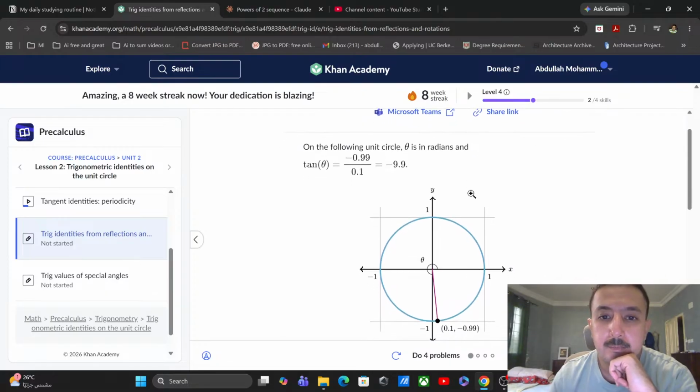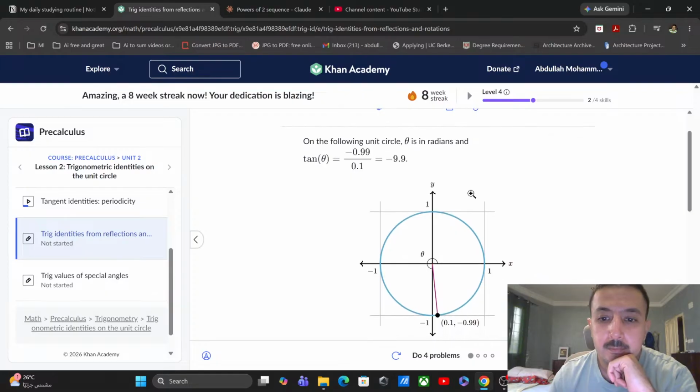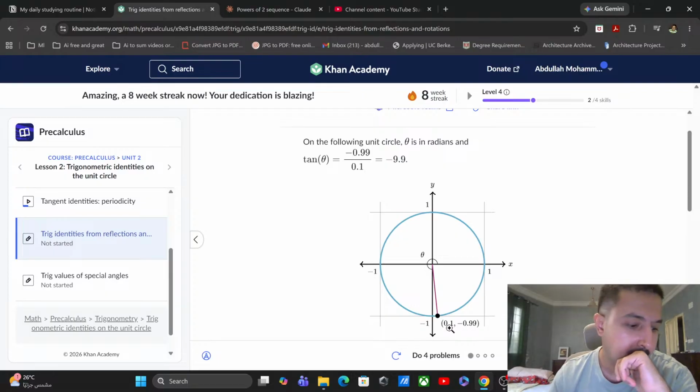And theta. This is the x, which is 0.1, and this is the y.